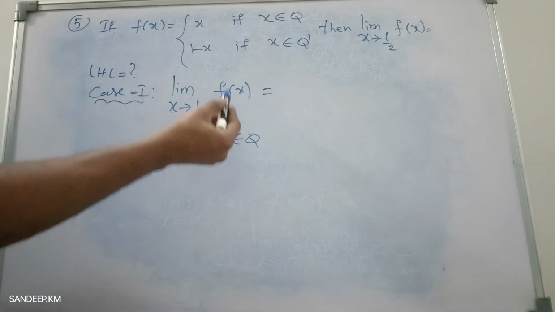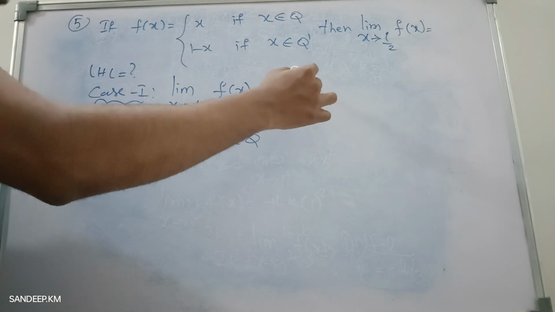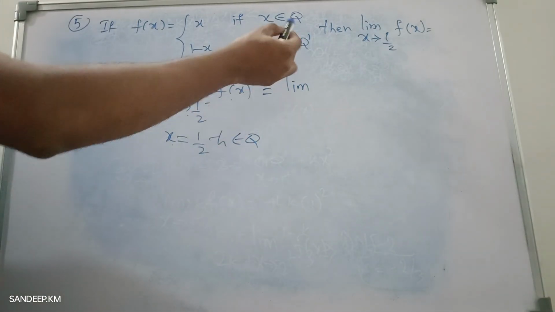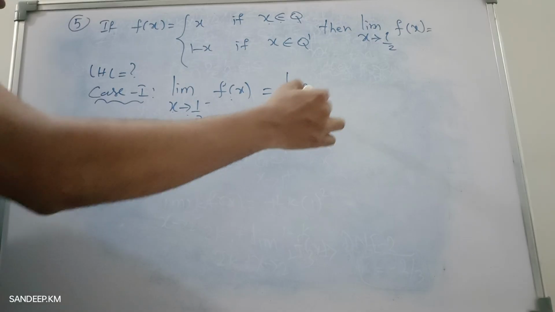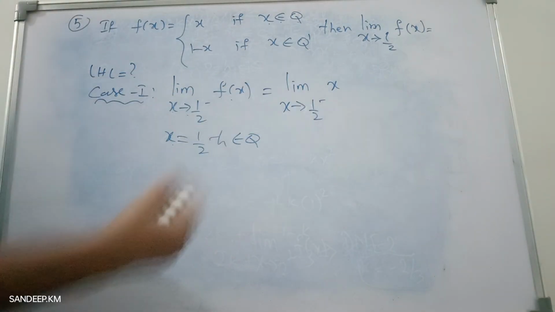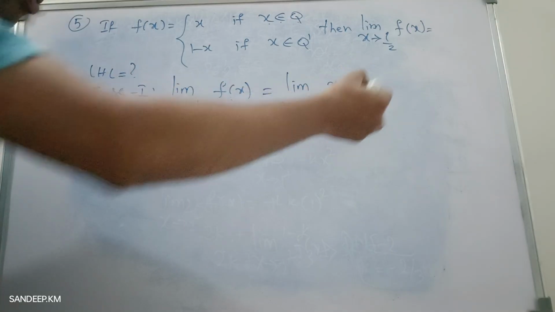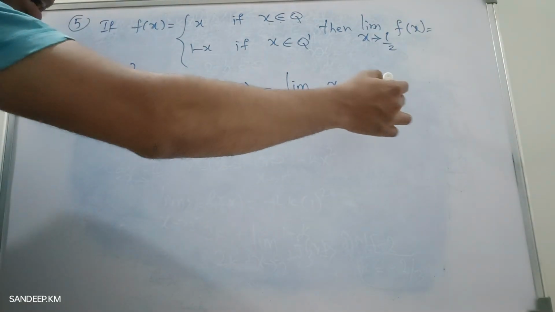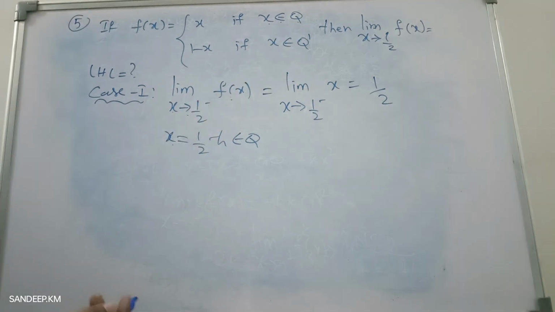If that is the case, then what is f of x? F of x is the same as x, because your input x is a rational number. Instead of f of x, let us write x. So limit x approaches 1 by 2 minus of x. Now since only x is there, we can substitute x as 1 by 2. The original answer is 1 by 2 minus, but let it be 1 by 2. We substituted the x value as 1 by 2, the answer is 1 by 2.